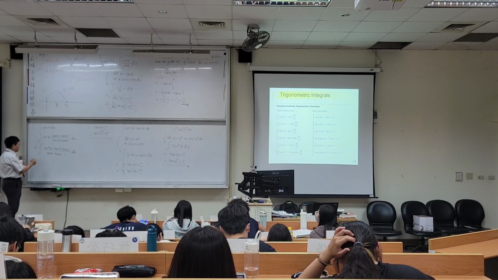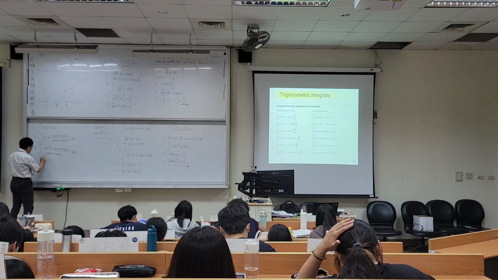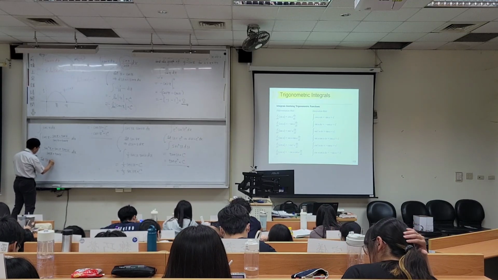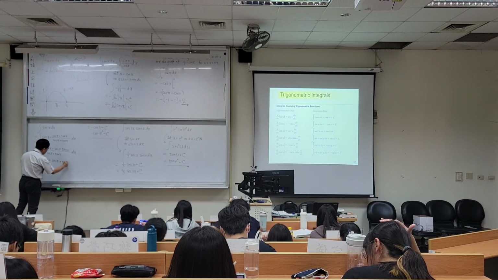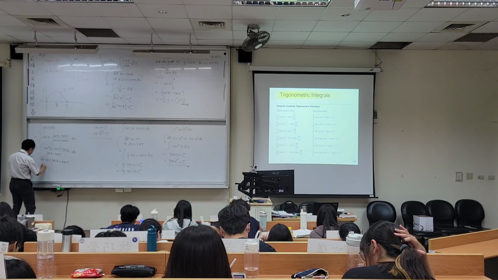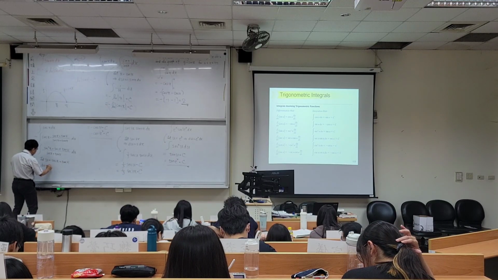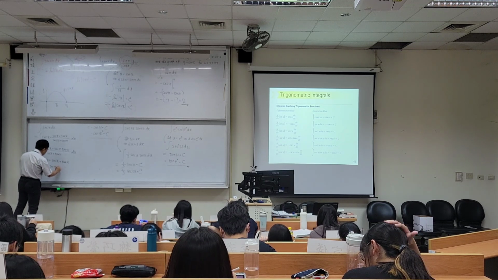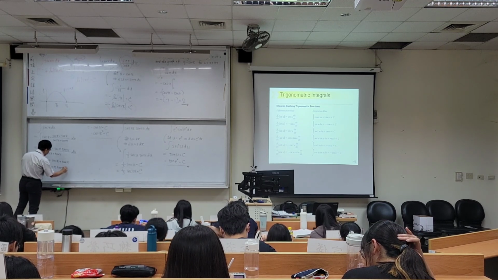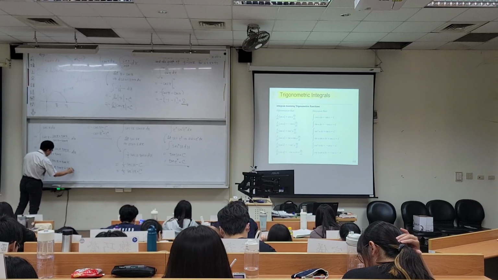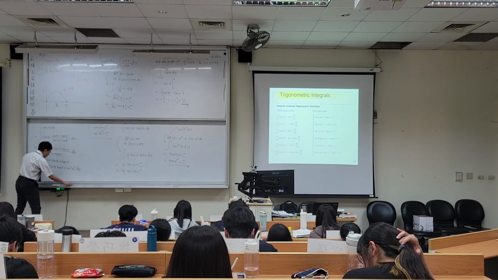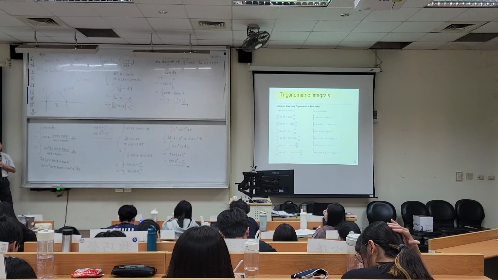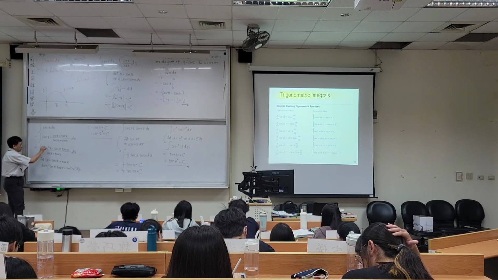So let u equal to secant x plus tangent x. Then du equals secant x tangent x plus secant squared x dx. So this will be du.